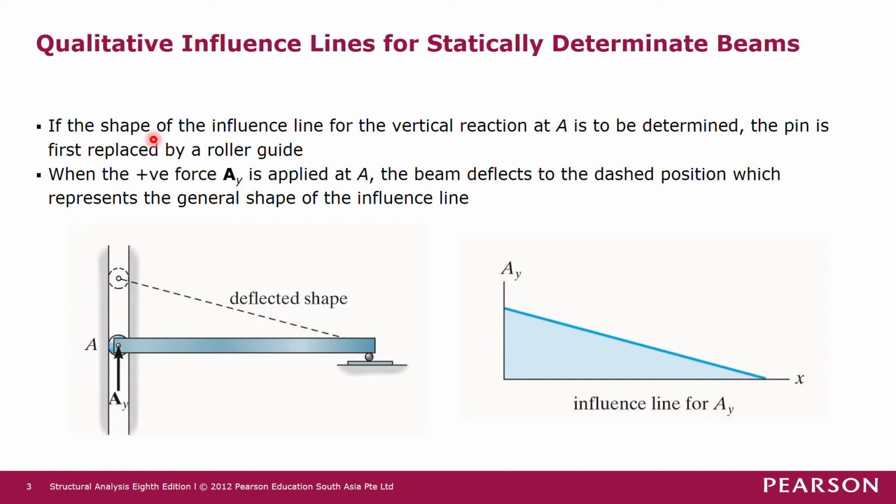So if the shape of the influence line for the vertical reaction at A is to be determined, the pin is first replaced by a roller guide.